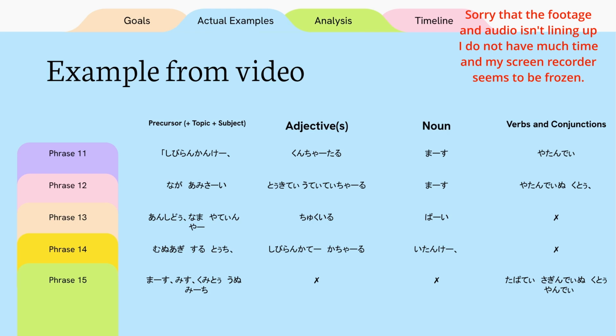It sounds like there's an e here, shibiran kanke, because it's very difficult to pronounce it otherwise. You can, but it's more natural to say it that way.